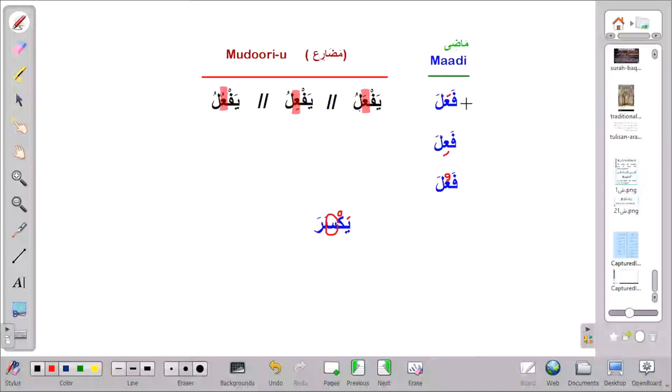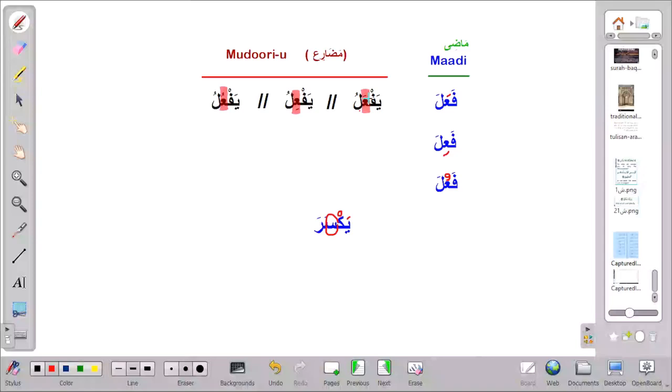So, for example, if I have fa'ala and I say give me the mudari, you know that this one will take sukun and this one will take dhamma. But the middle is the problem. So it could either be yaf'alu or yaf'ilu or yaf'ulu. I hope that is clear. The same thing applies here with kasara. If I want to know the mudari, it will have three possibilities. It could be yaksaru.